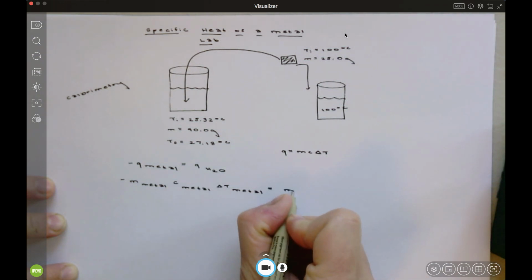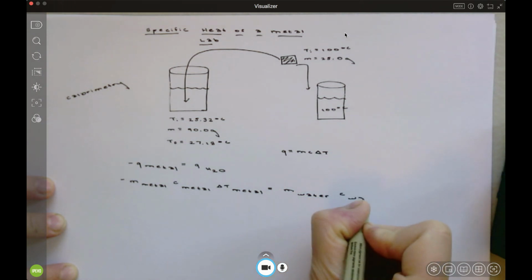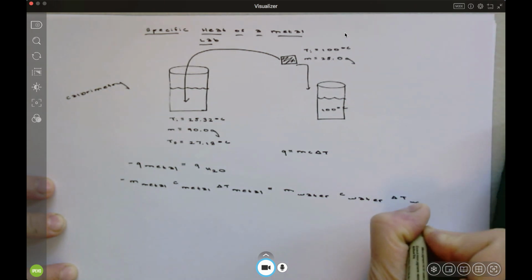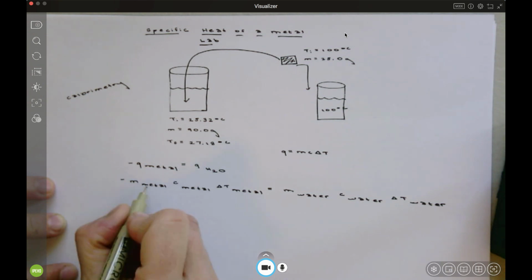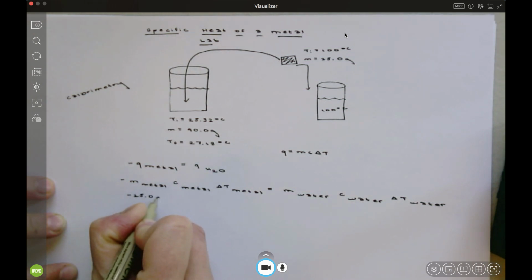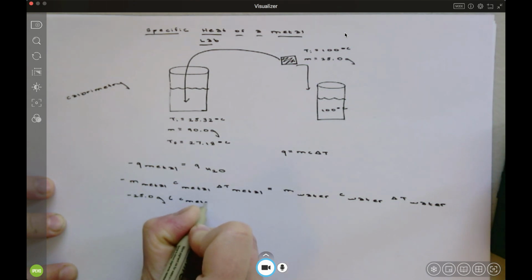So the mass of my water times my specific heat of water times my change in temperature of my water. So let's plug in all of these values I know. So here I know the mass of my metal is 25 grams. I don't know my specific heat. That's the whole point of this lab.